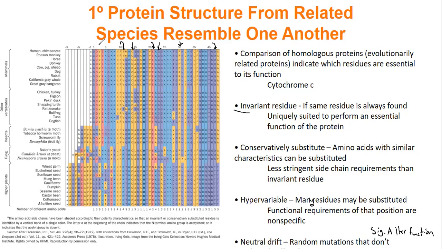Another example would be at position 3 here, where you have both polar and non-polar amino acids appearing. And at position 4, you have negative and positive amino acids and polar. So it really doesn't matter what's there, just that you have something there. And that is called hypervariable mutations, or residues rather.